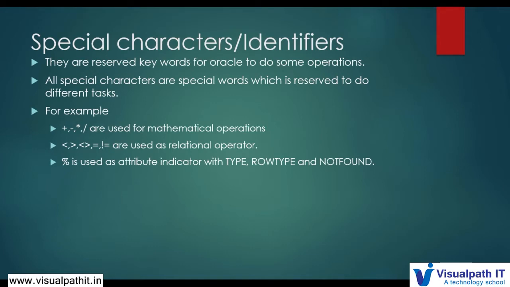We will learn about these attributes in later sections. Similarly, this is also a special character. You cannot use these special characters while creating any variables, identifiers, or the name of any PL/SQL object.